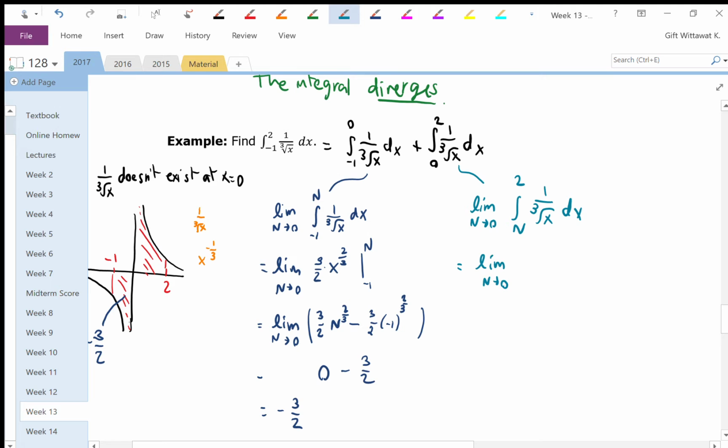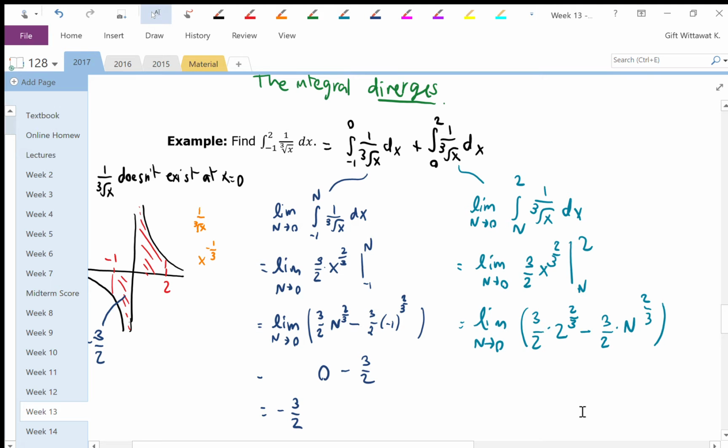I already did this integration, so it's 3/2 times x to the 2/3, from n to 2. That's the limit as n goes to 0 of 3/2 times 2 to the 2/3 minus 3/2 times n to the 2/3. Lucky for us, I already did something in the first half. For the second half, it's the same function, but the limit goes differently.